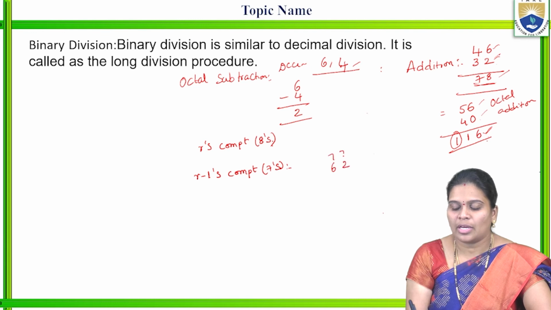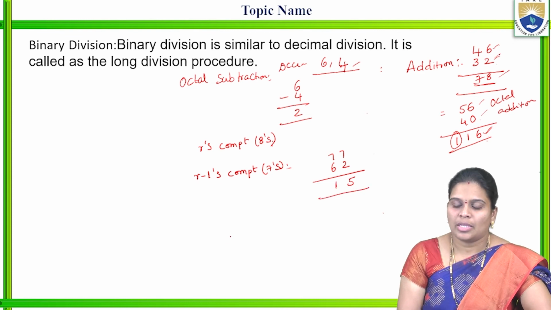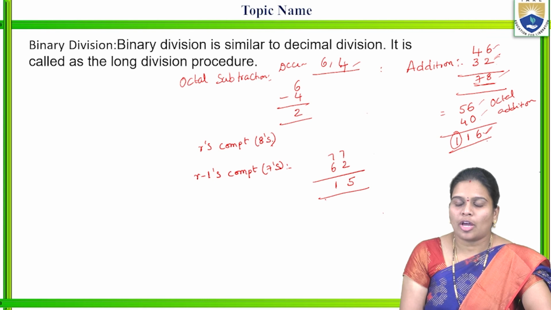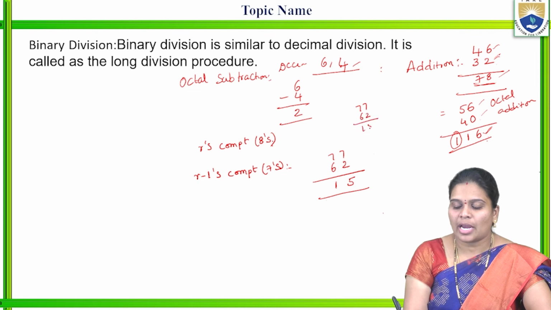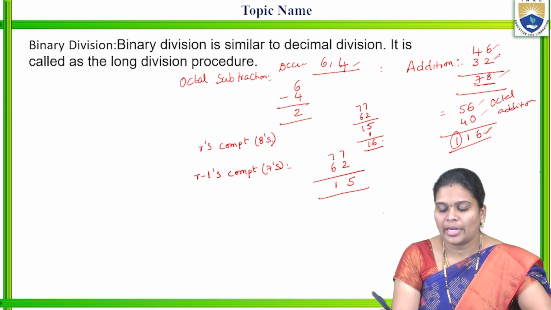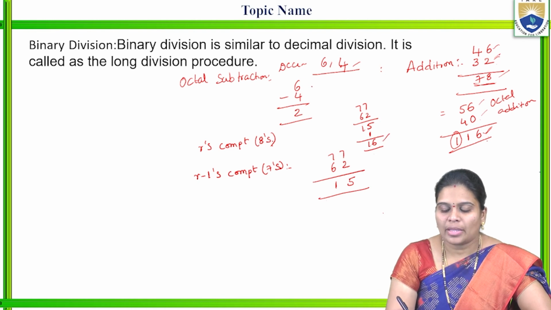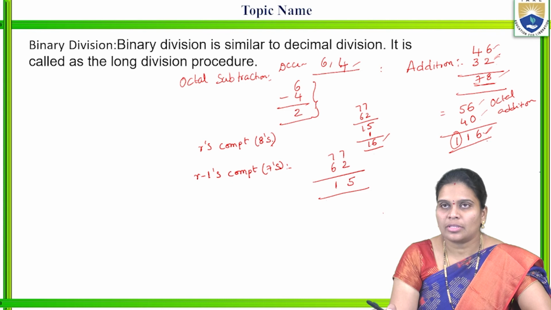So subtracting from 7, 7 minus 2 is 5, 7 minus 6 is 1. This is the 7's complement. Now I want to get the 8's complement. So subtracting from 7, we are getting 1, 5. Adding 1 to the LSB, 1, 6. So this is the 8's complement. Okay. So apply the 8's and 7's complements to these octal values.